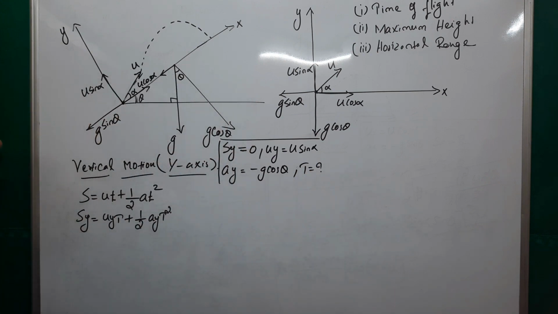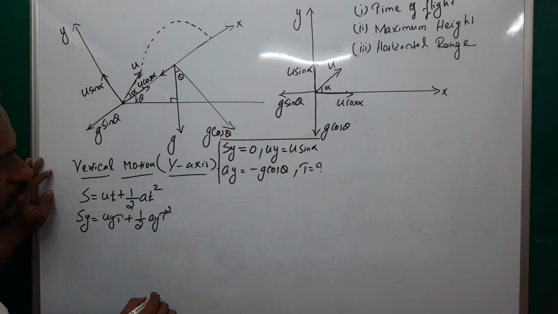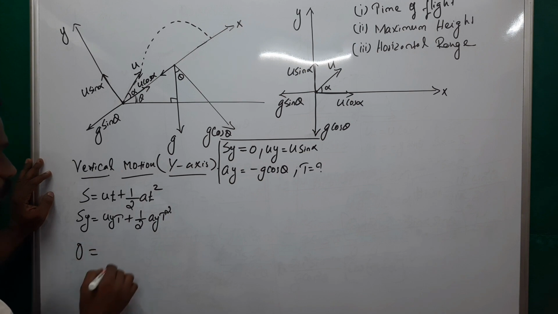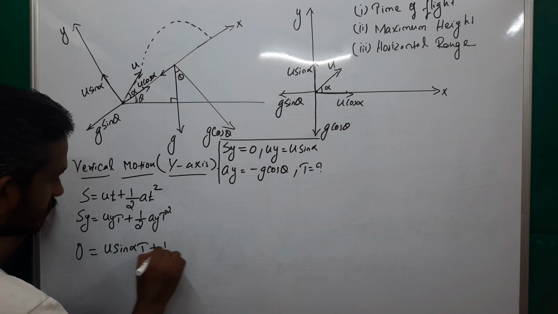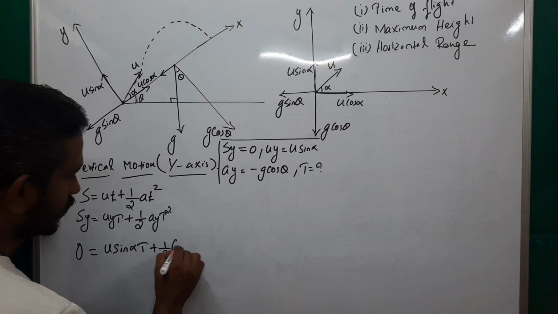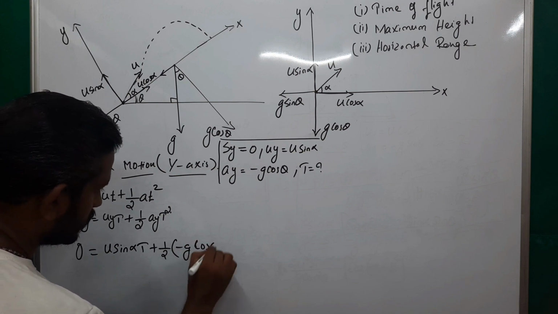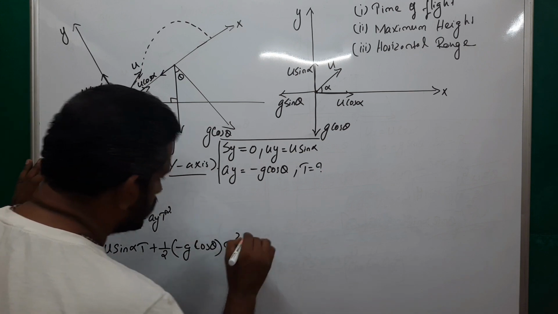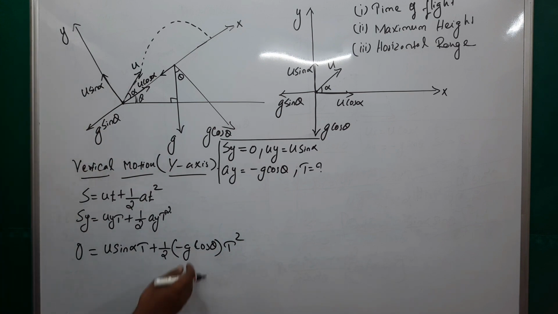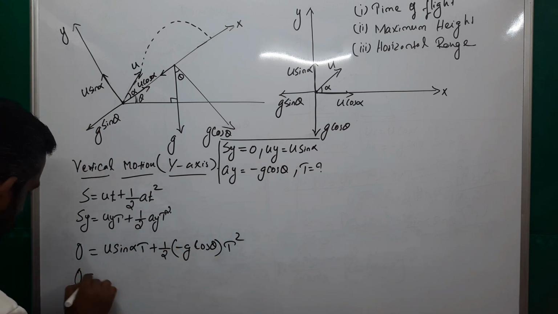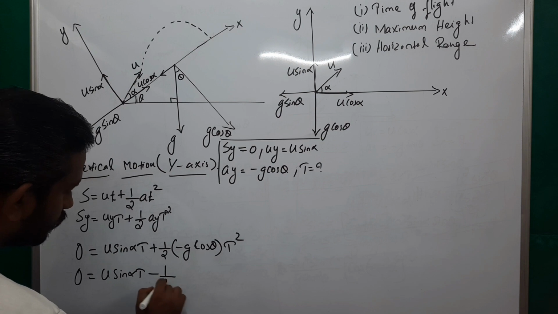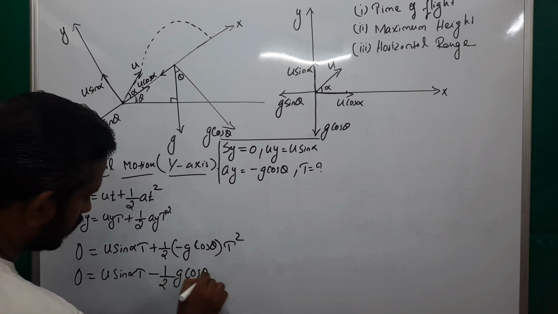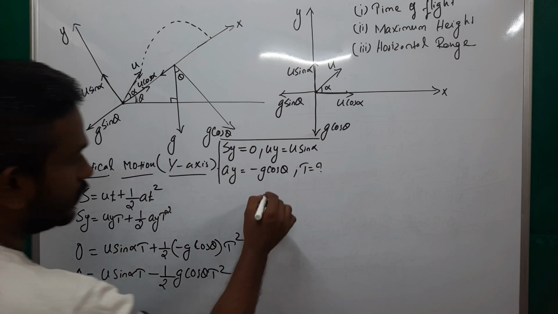Substituting the values, 0 is equal to u sin alpha into capital T plus half into minus g cos theta into T square. So we can write 0 is equal to u sin alpha into T minus half g cos theta into T square.